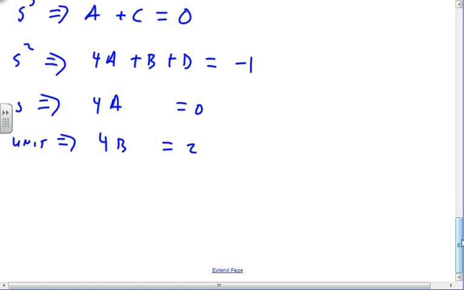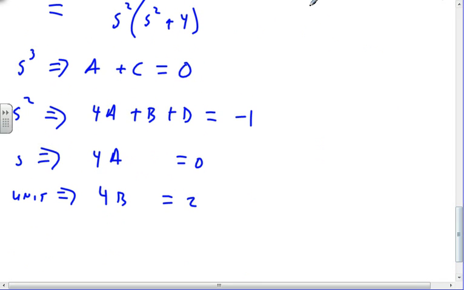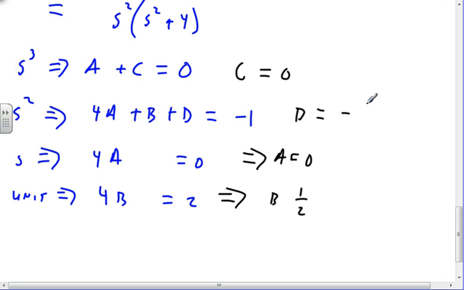Alright, well, that makes it easy, I guess. This implies that B is a half, and that implies A is 0. And if A is 0, then C has to be 0. And if B is a half and A is 0, then D has to be minus 3/2.